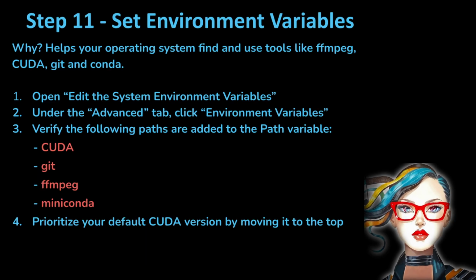We are now ready for step 11, which is to set paths for our environment variables. First, what does that mean? Setting paths for environment variables informs Windows where to search when you issue a command that relies on some of the software we just installed. For example, when we create virtual environments or use Python, we will be relying on Miniconda.